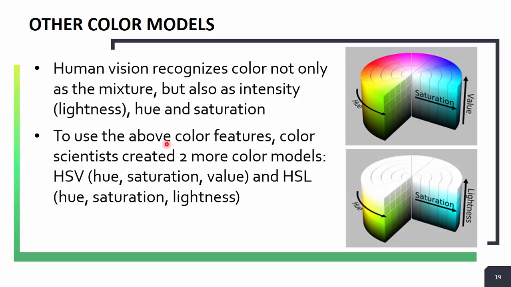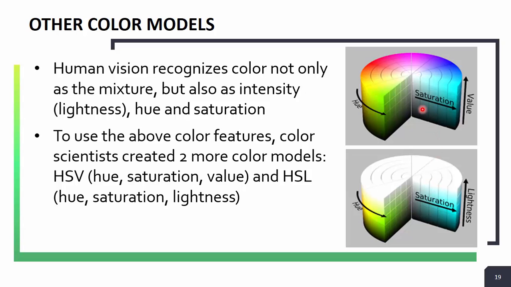To use these color features, there are two more color models that employ this concept. First is HSV, hue saturation value, this one, the first picture, and the other one is HSL, hue saturation and lightness, the second picture.